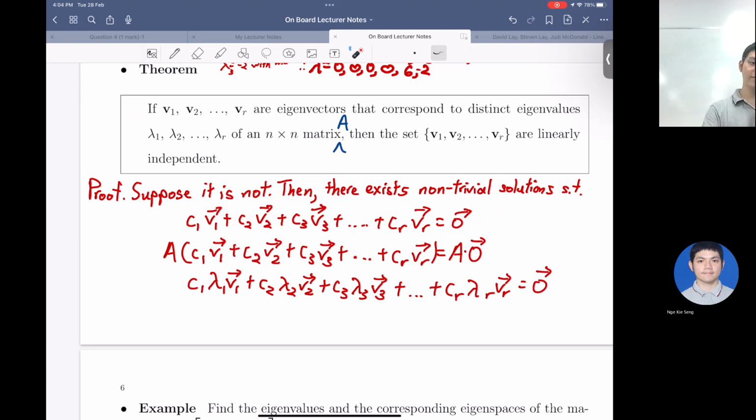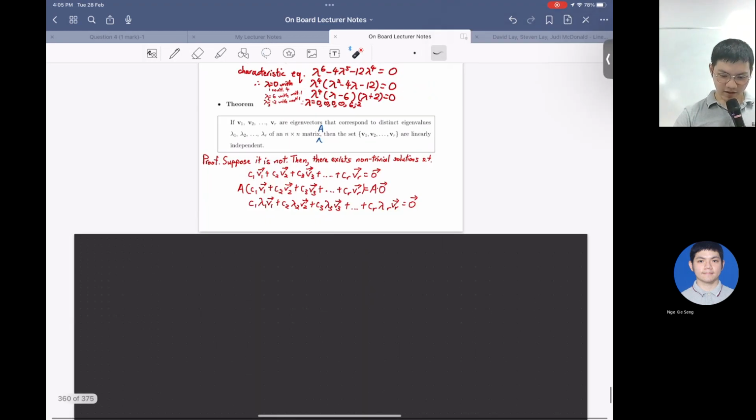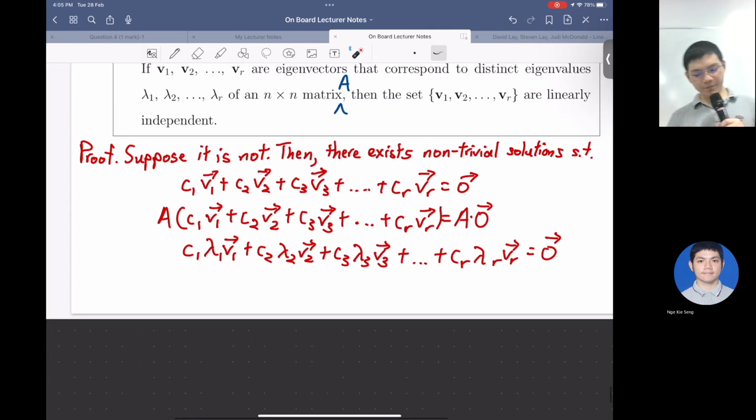So how? Too many things here. I think we need to throw something out.